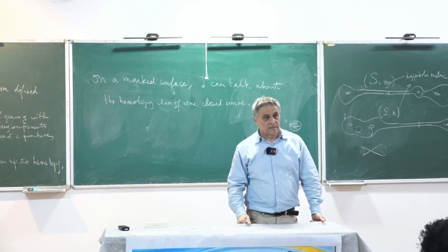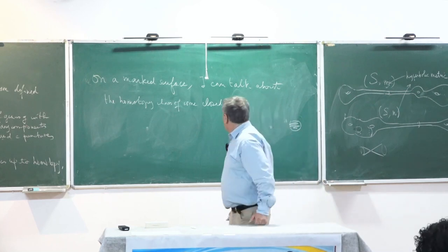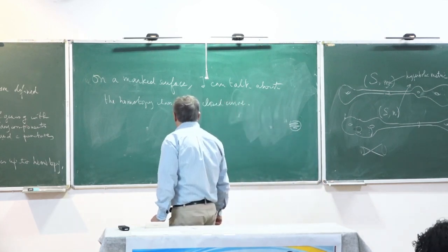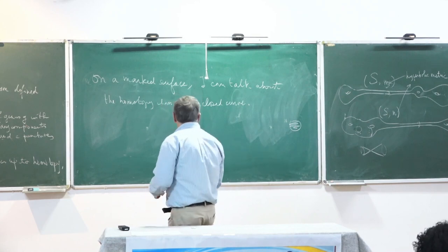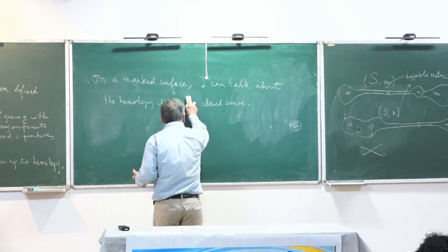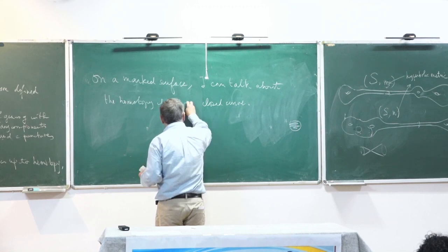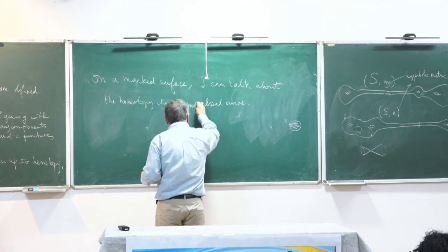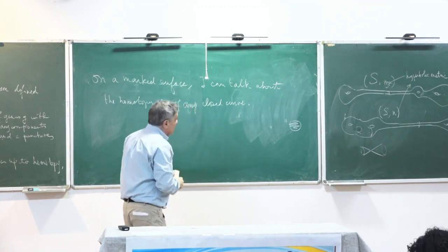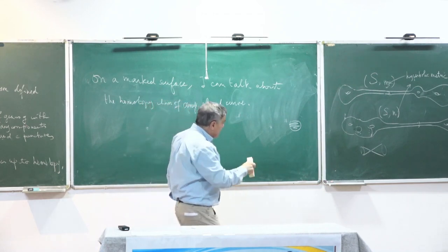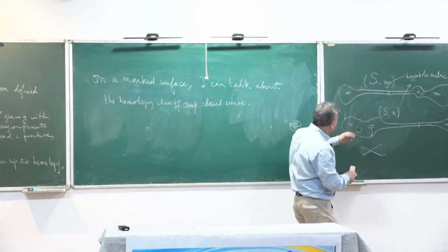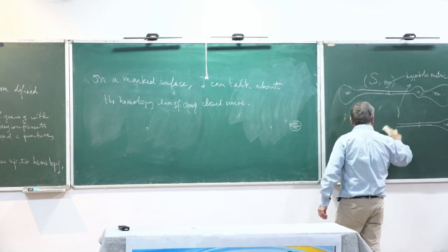So okay, on a marked surface, I can talk about the homotopy class of any closed curve. Now we know what a closed curve is. It must not be shrinkable to a point.